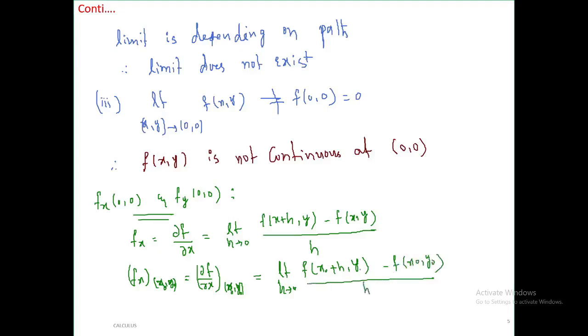Now, since x naught y naught is the origin, fx at origin, fx at 0 comma 0, is simply dou f by dou x at origin.